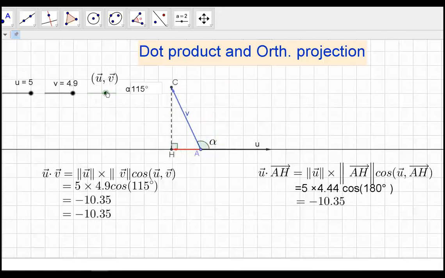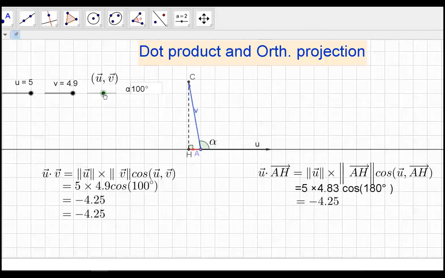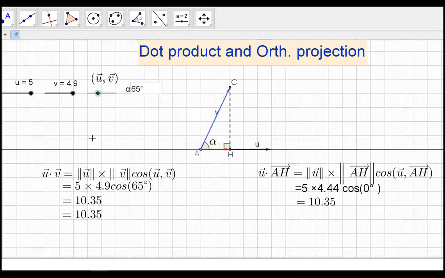See, they have the same value, no matter what the angle between the two vectors u and v is. Hence, by conclusion, dot product between any two vectors is equal to the dot product between a vector and the orthogonal projection of the other one on the line holding this vector.